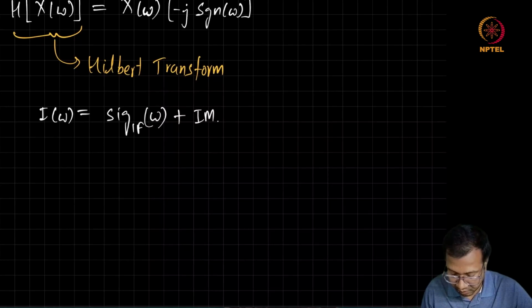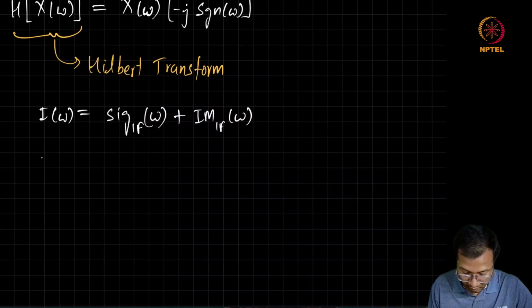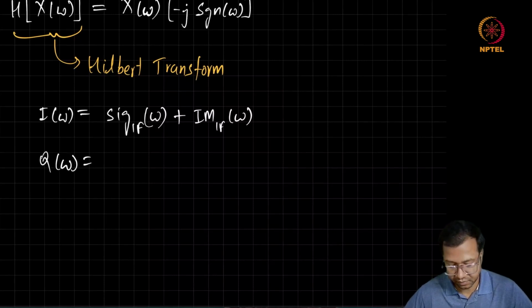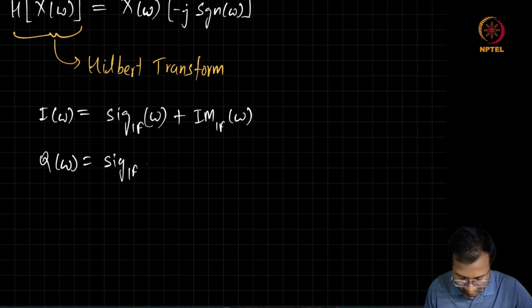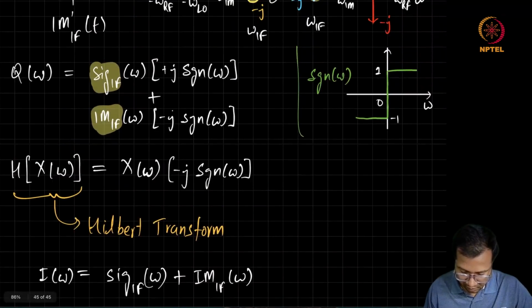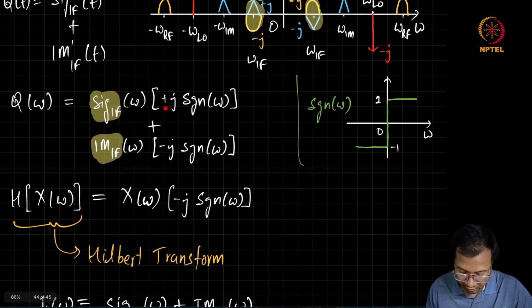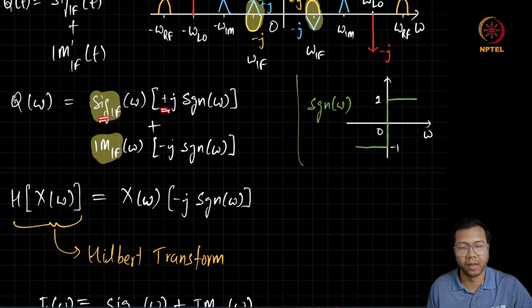So it was just bringing down the frequency of desired signal and image to IF. Whereas if we look at the Q of omega, which is a result of mixing with sine of omega LOT and then passing the signals to the channel select filter, as we can see here, it applies a negative Hilbert transform on the desired signal, whereas a positive Hilbert transform on the image signal.